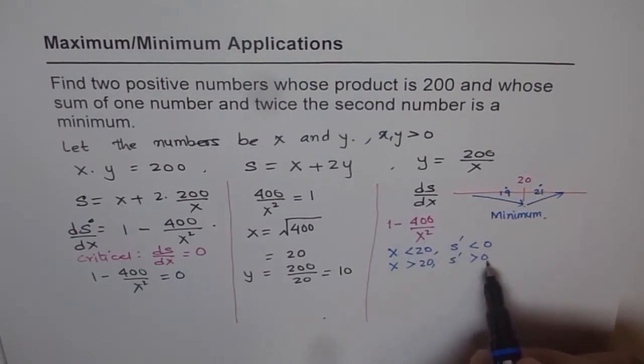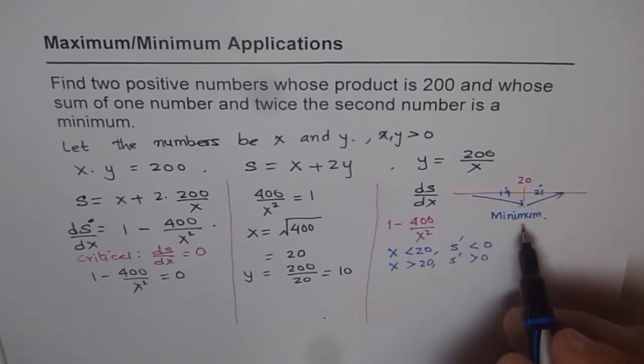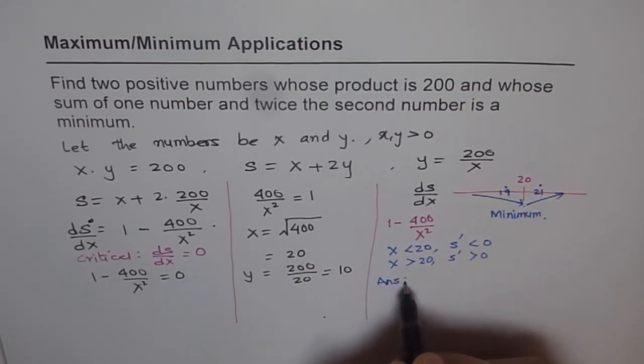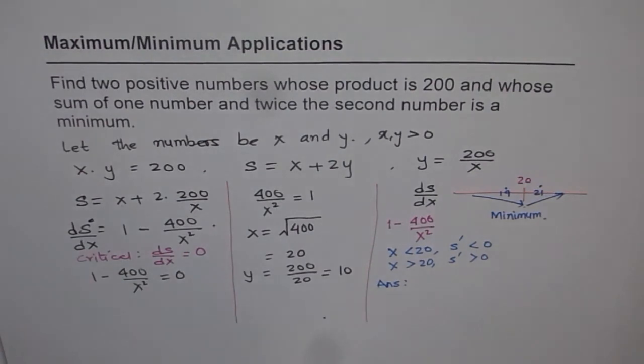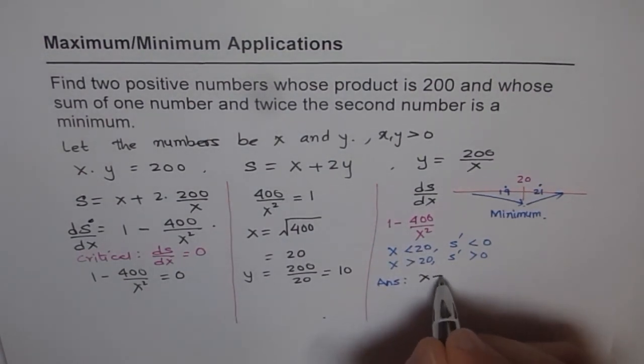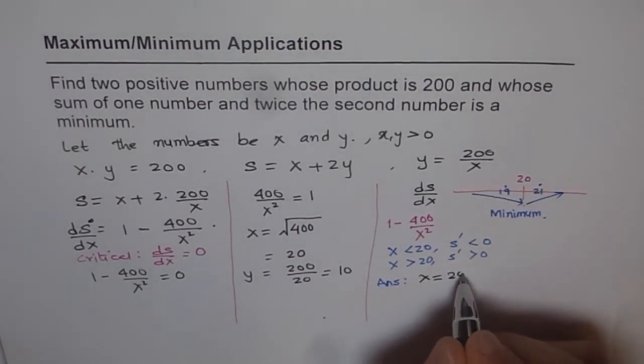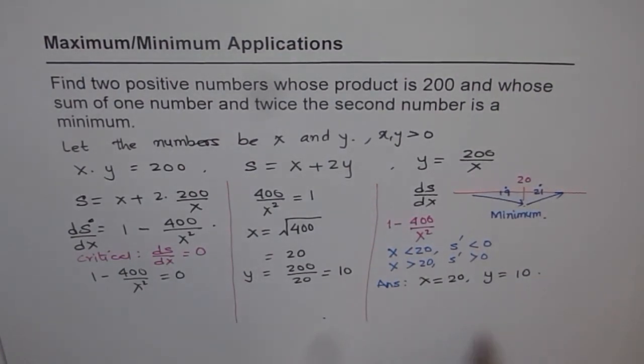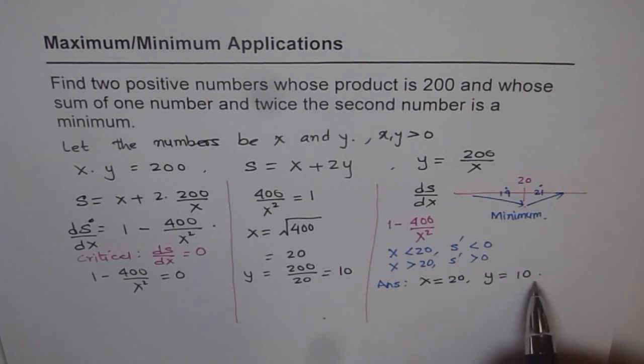So that gives you that we have a minimum at the critical point, correct? And therefore we can write down our answer as x equals 20 and y equals 10. So the two positive numbers are 20 and 10. So that gives us the answer. Thank you.